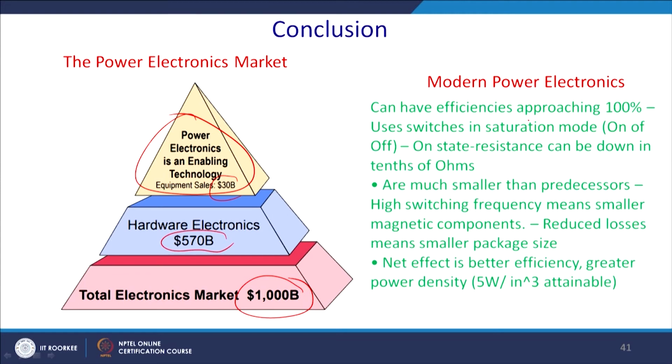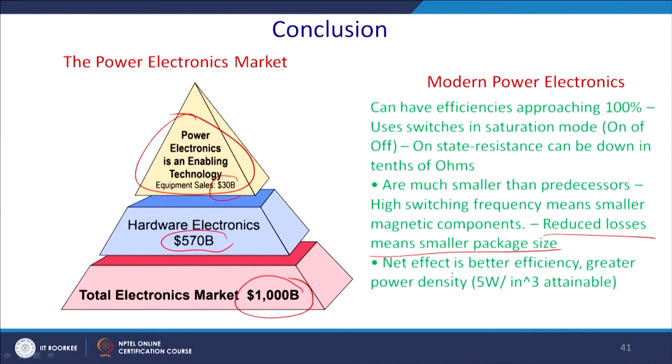We have efficiency now approaching around 100% using soft switching and using switches in saturation mode, on and off. On-state resistance can be down to tenths of an ohm, much smaller than the predecessors. High switching frequency means smaller magnetic components, and with the invention of SiC and gallium arsenide devices, we can manufacture for higher frequency as well as high power densities.